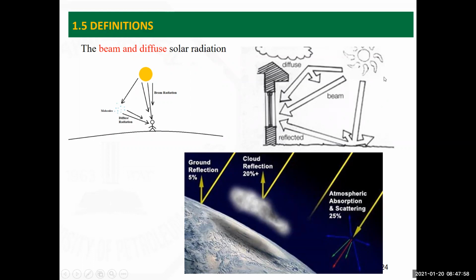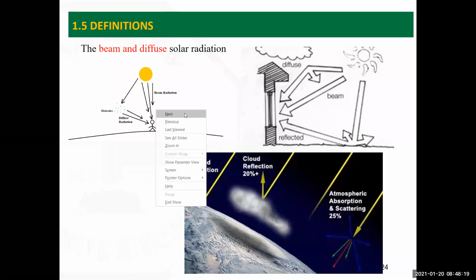Dust particles can contribute to that. In addition, there is beam radiation falling onto the earth, and this is reflected back again. So the kind of radiation falling on a surface or on a certain person is basically a combination of direct and diffuse radiation.